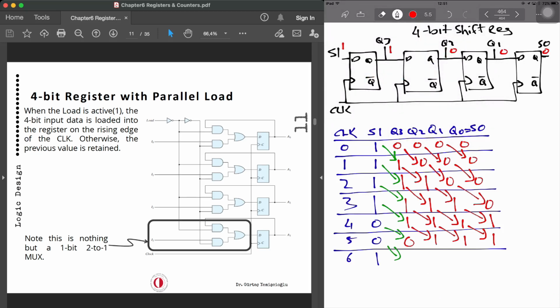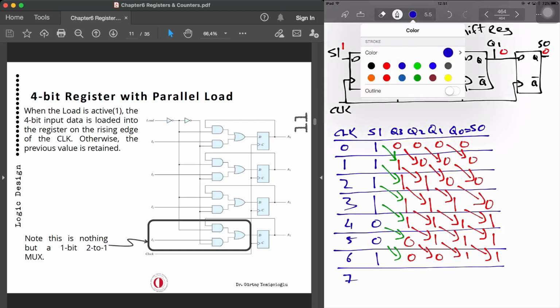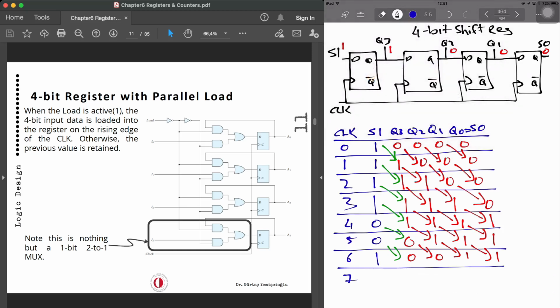Then this will be 0, and that 0 will be shifted, that 1, and that 1. Now I have got 0, 0, 1, 1. And last one, cycle 7, another random input, so I'll put 0 for that. So my 1 will be shifted, and the rest is going to be shifted accordingly. So 0, so 0, and 1, and the last one will be shifted out. So I have got 1001, which is 9.